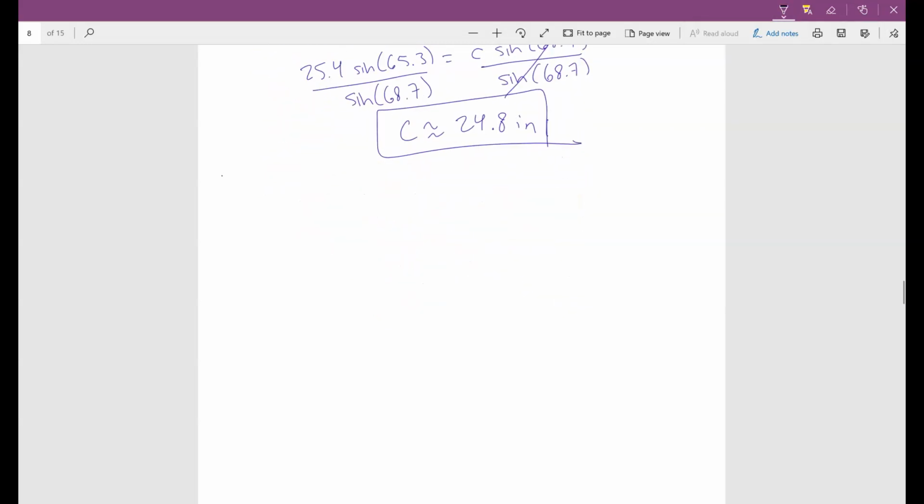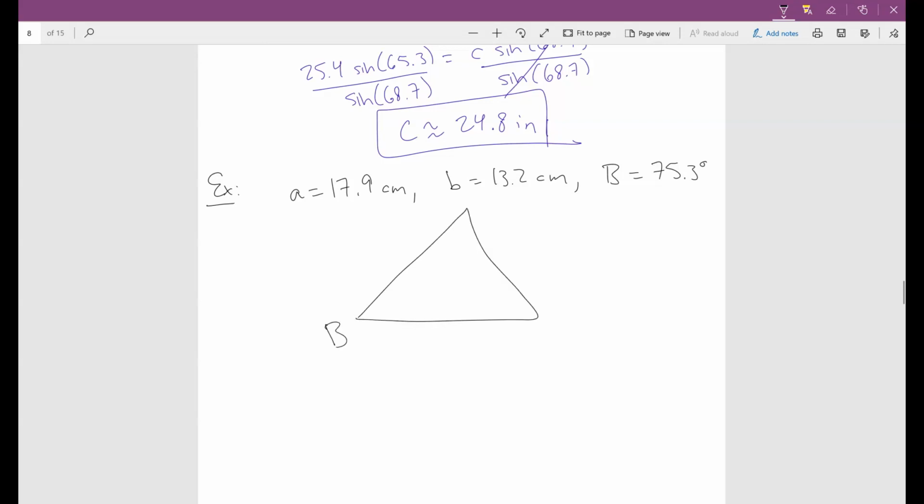Okay, so let's try this one. Let's say I want to solve, these are the measurements. Little a equals 17.9 centimeters. Little b is equal to 13.2 centimeters. And big B is equal to 75.3 degrees. Okay, so drawing the triangle again.